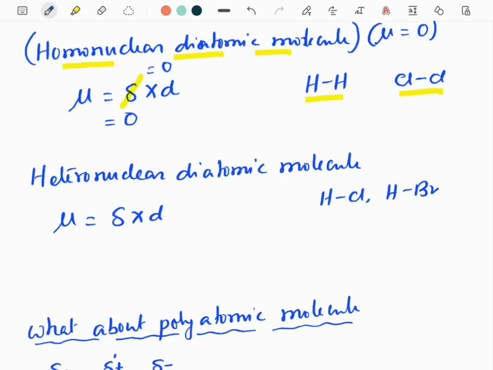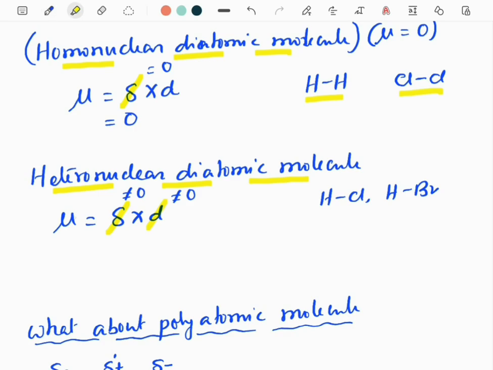But in case of a heteronuclear diatomic molecule, there will be a development of partial positive and negative charge. So if there is a development of partial positive and negative charge, in that case this delta will be unequal to 0, and obviously the distance between the two atoms is also unequal to 0.